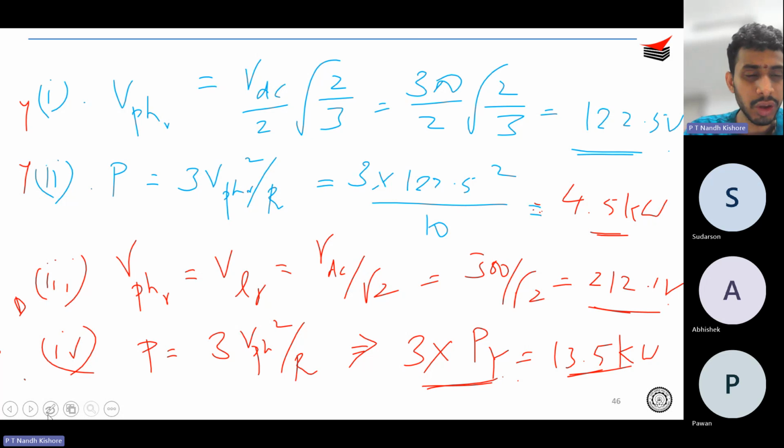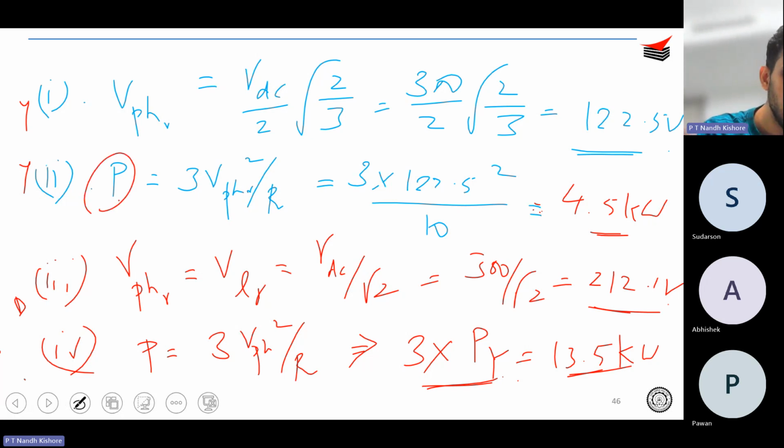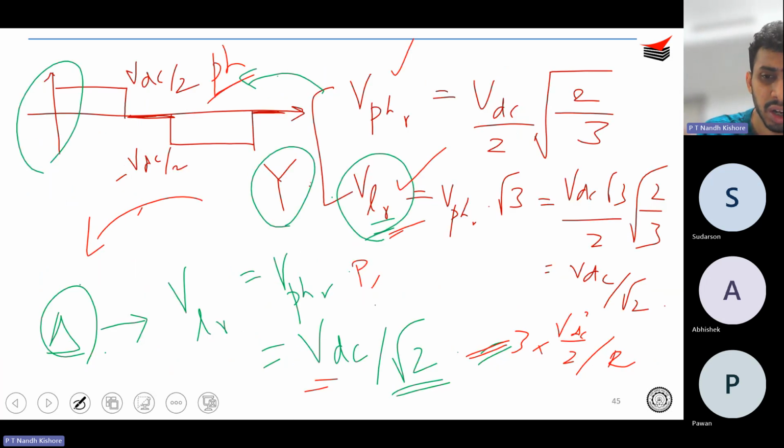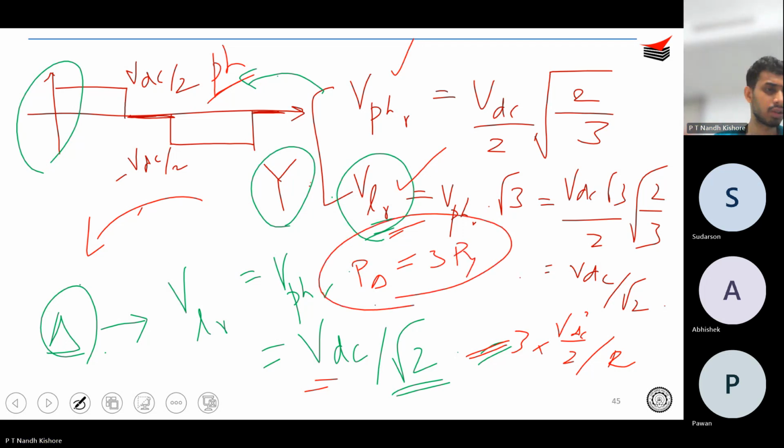Okay, so you also remember this thumb rule, right? So P in star and P in delta, how they are related, right? So if they give you one, you can easily find out the other. No need to go through any of this stuff. You know that P in delta is 3 times P in star.